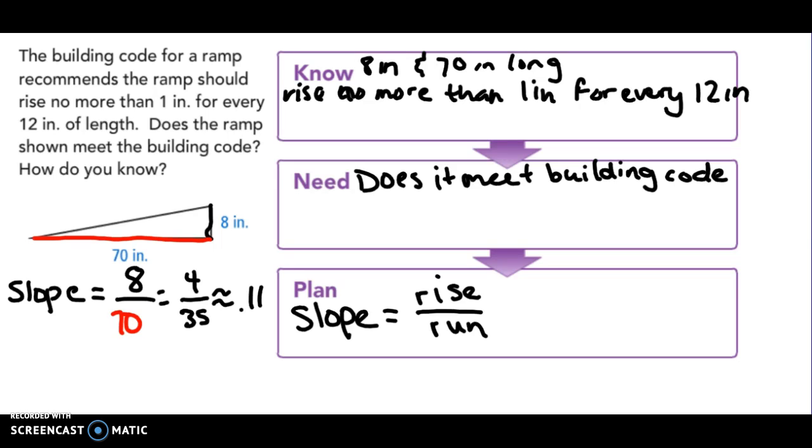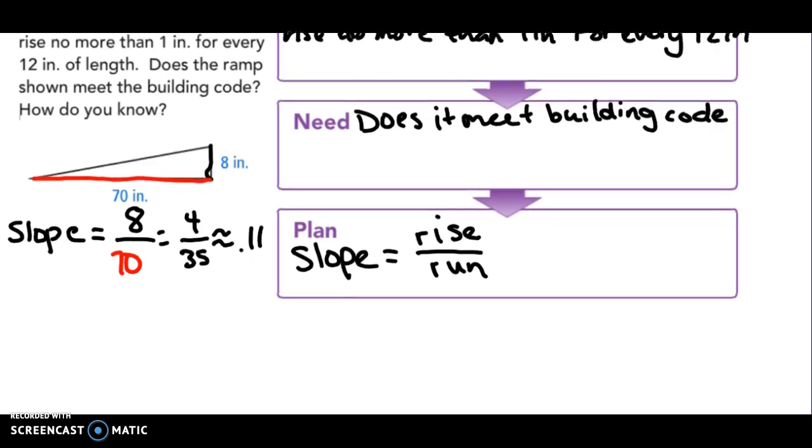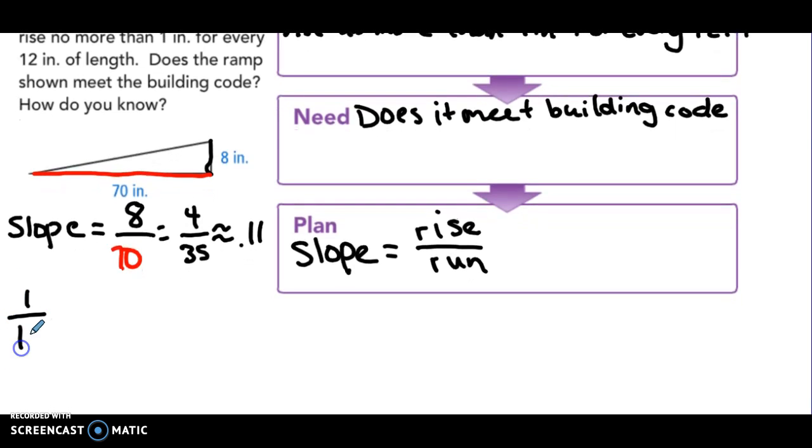So our building can be no higher than 1 over 12. Well, 1 over 12 is approximately 0.08. Well, if we build this ramp, is it considered above or below the 1 out of 12 inches that we needed? 0.11 is definitely bigger than 0.08.